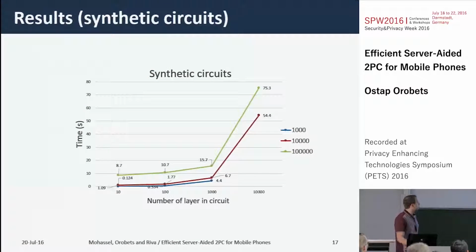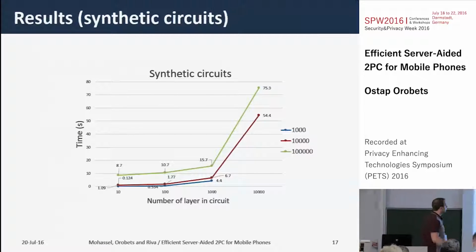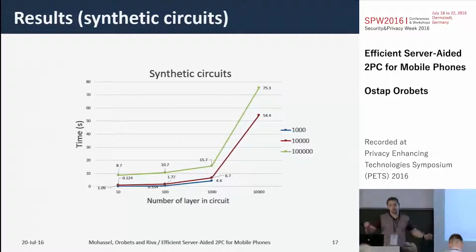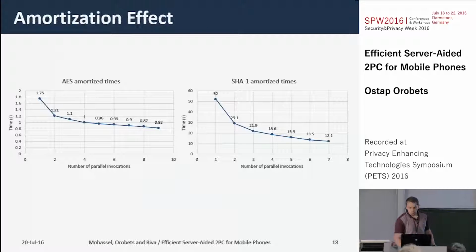Yeah. So to dive deeper into the bottlenecks, we constructed synthetic circuits that consist only of AND gates, with different circuit depths. What we observed is that even a circuit of 100,000 AND gates can be computed very efficiently if the depth of the circuit is very low, and it becomes really inefficient when the depth grows.